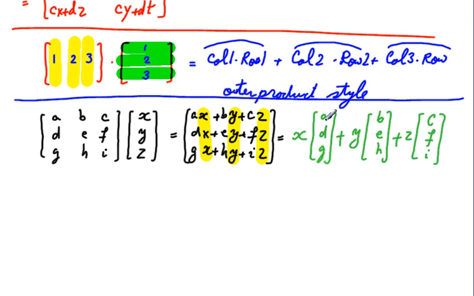That is, you are taking the first column, multiplying by some number, second column multiplying by some number, third column multiplying by some number, and these numbers are extracted from here. The kind of configuration that shows up here is called a linear combination.